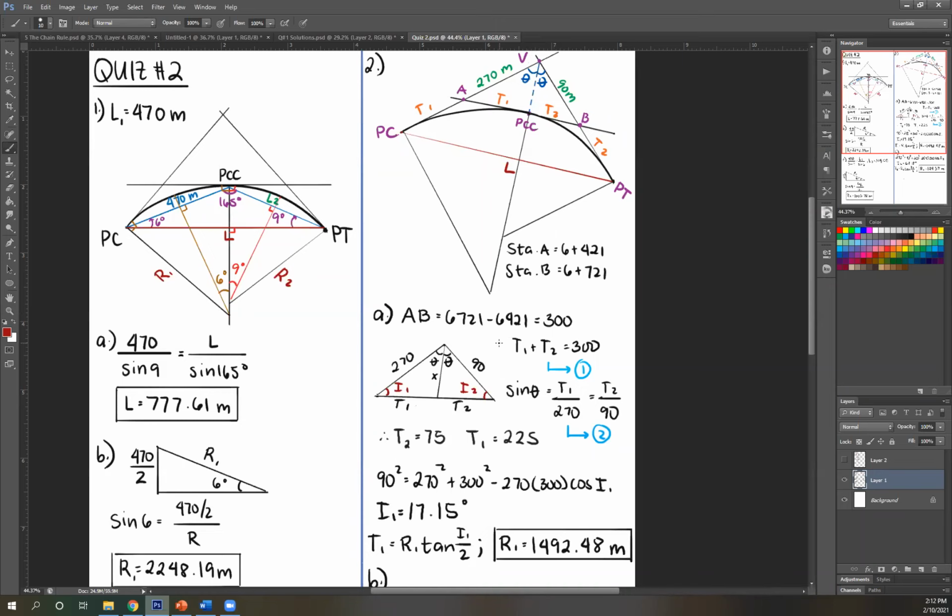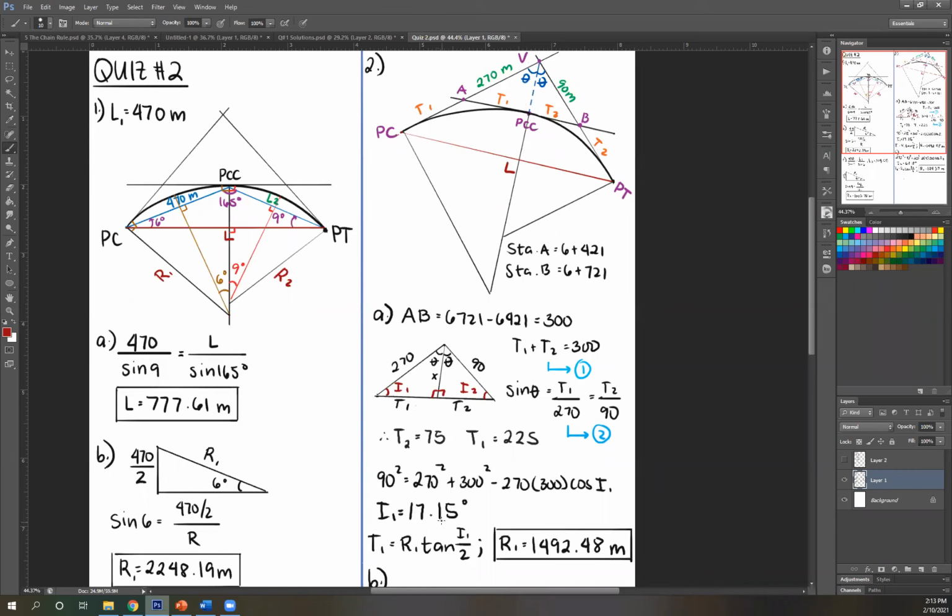Therefore, you have two right triangles. Remember, if you have a perpendicular bisector, angle bisector, it's going to hit the opposite side at a perpendicular angle. So this is perpendicular. Now you have two right triangles.